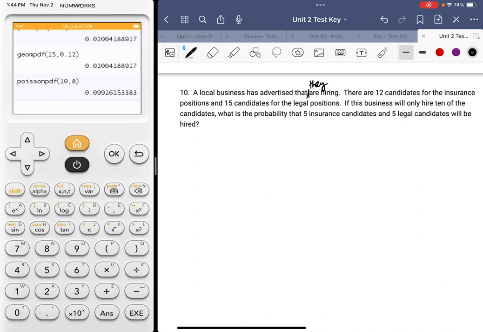So we have, what are we doing first here? Insurance, then legal, and then whatever the total is. So from the insurance candidates, 12 candidates for insurance, they're going to take 5 of them. So 12 C 5, combination of 12, 5. All right. So that's my insurance.